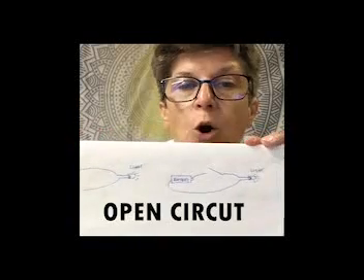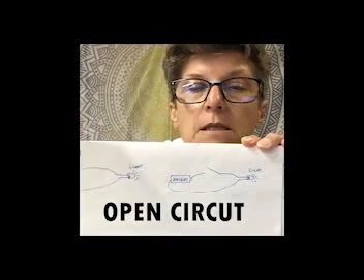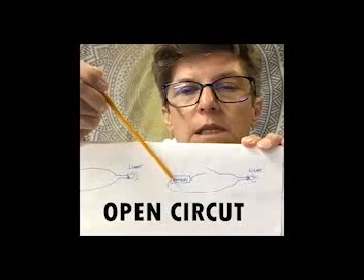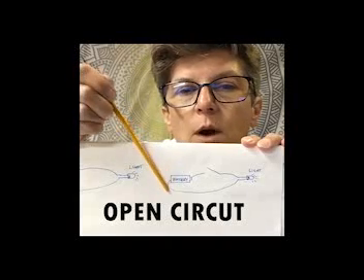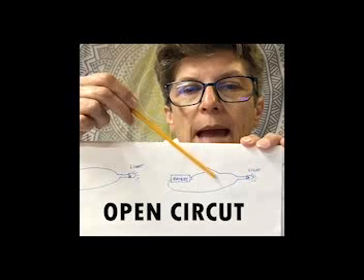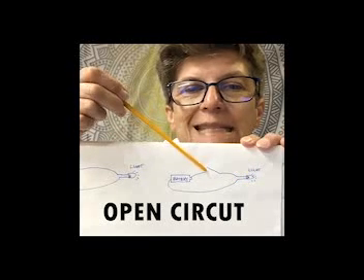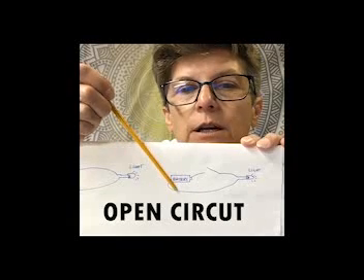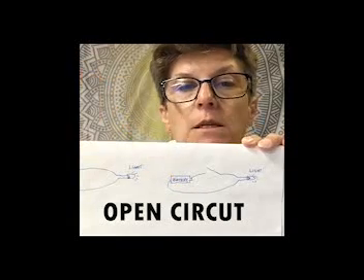Now, an open circuit means we have an energy source, in our case a battery, but it could be electricity coming from the wall, and we have a wire that goes out to our light, and we have a wire coming back. But if you notice, it's not connected right here. Now this would be considered an open circuit.